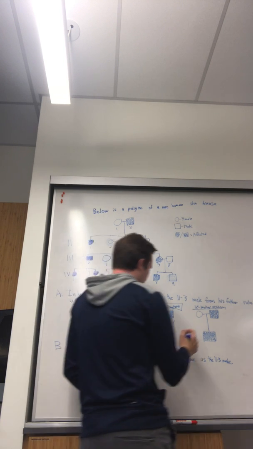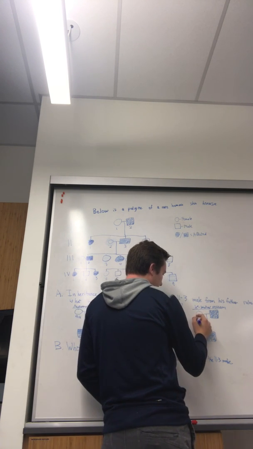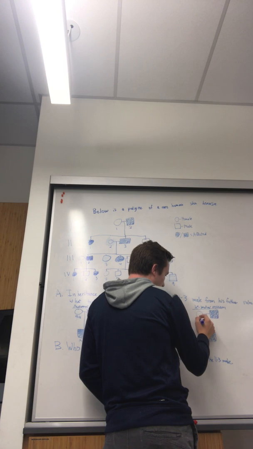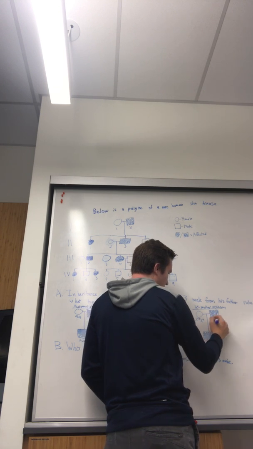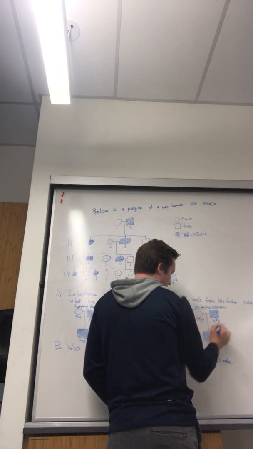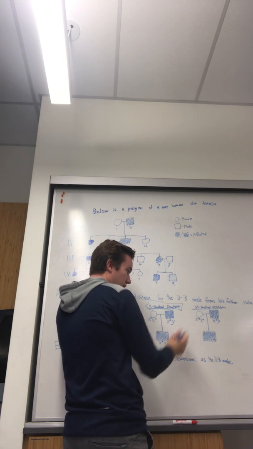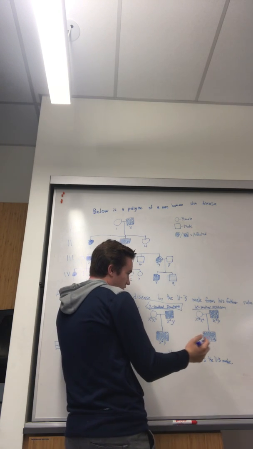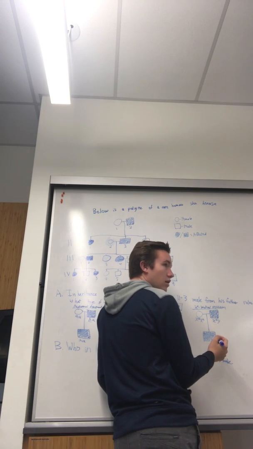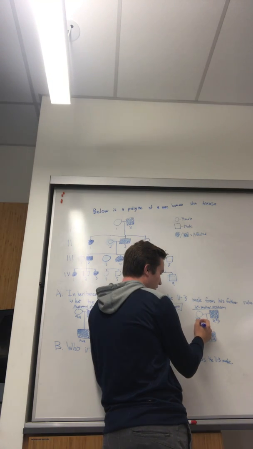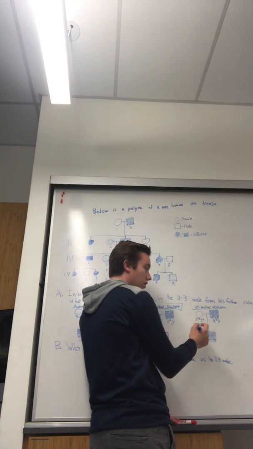Okay. Next is X-linked recessive. So if we assume the mother's heterozygous again, which is like a worst case scenario, then what's another option? The other option is that the mother would be homozygous dominant. Okay.